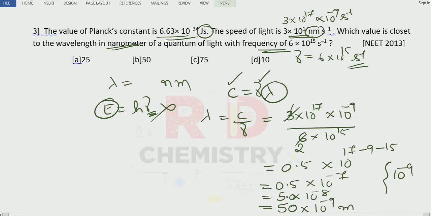The wavelength of 10 power minus 9 meter means nanometer, so it is 50 nanometer. Clear? So what is the answer? Answer is option number B, correct?